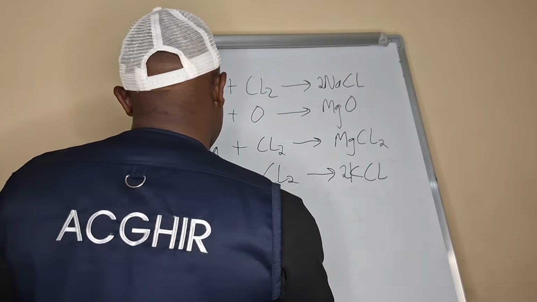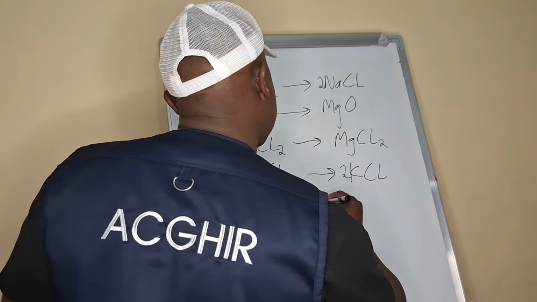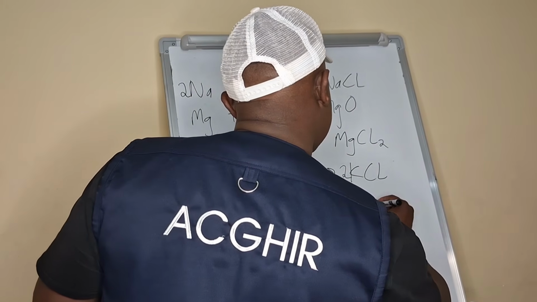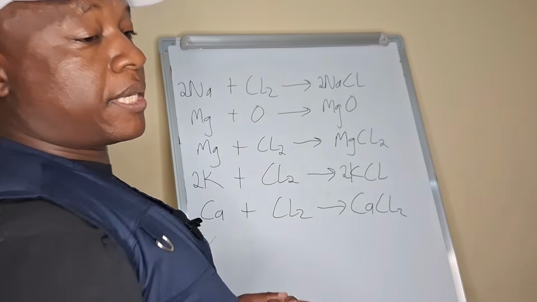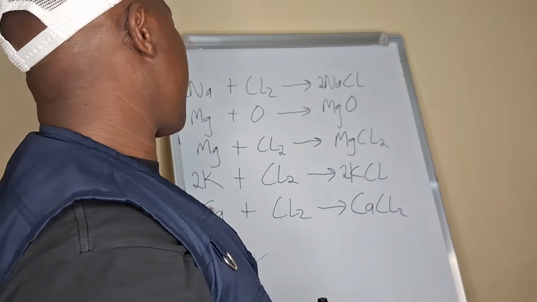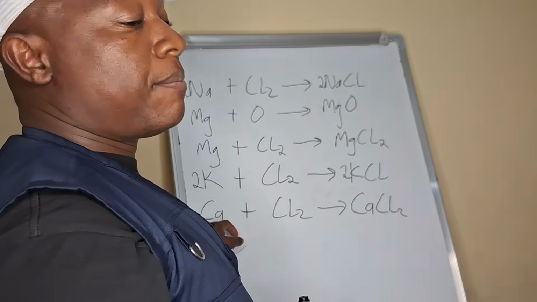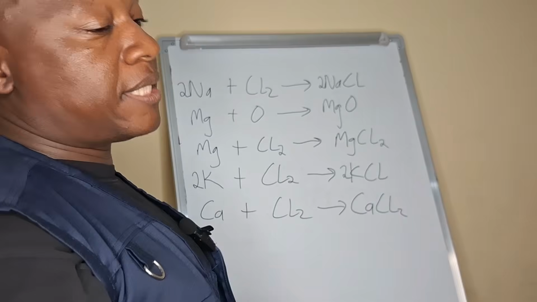Then we have got calcium plus chlorine to give us calcium chloride. If we consider calcium, we've got one calcium atom on the left-hand side, one calcium atom on the right-hand side.